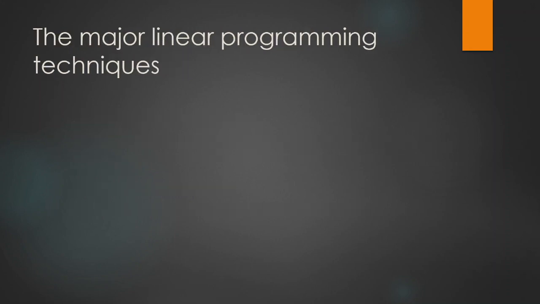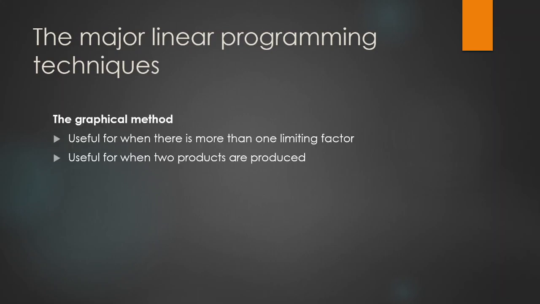Now that we know that linear programming is a technique used to optimally allocate scarce resources, we can briefly look at the two major techniques and when to use them. The first technique is the graphical method. The graphical method is conceptually easier as we are using pictures. We can use it when we have more than one limiting factor.